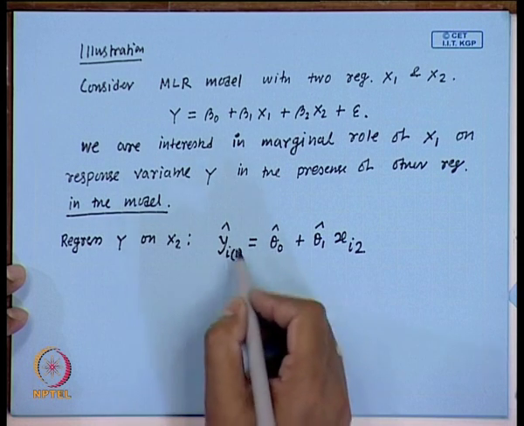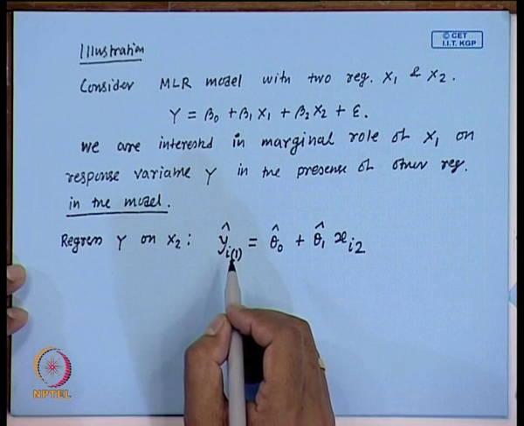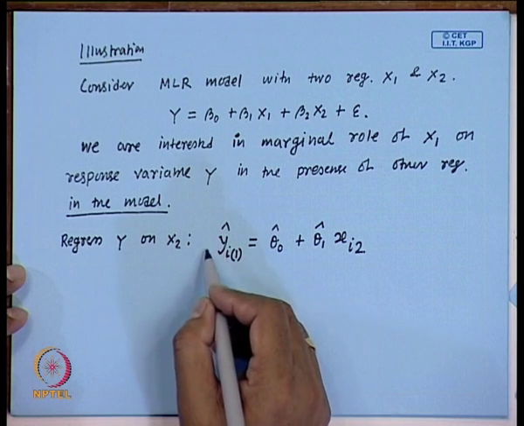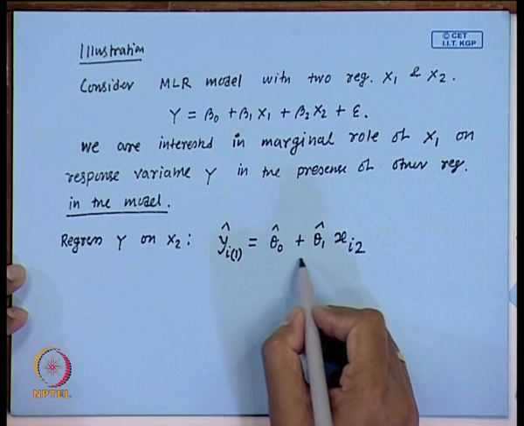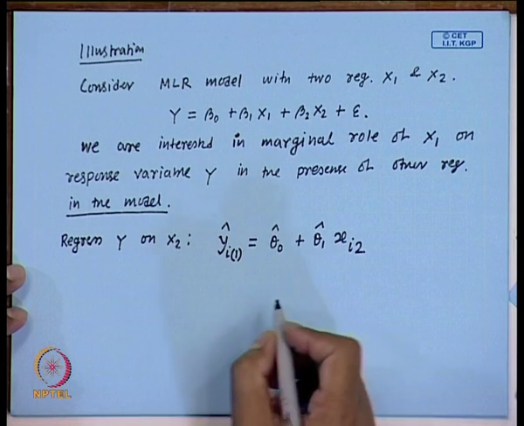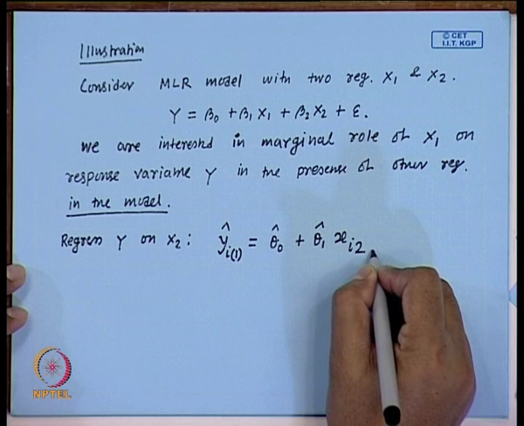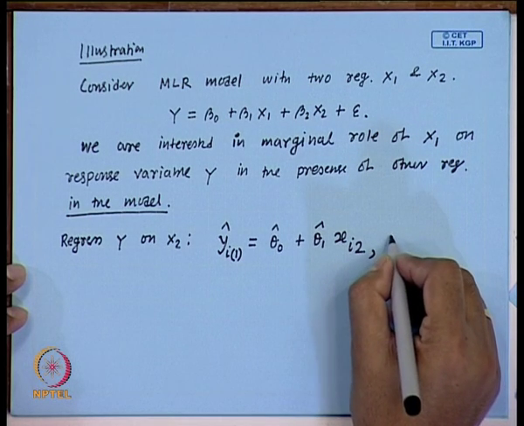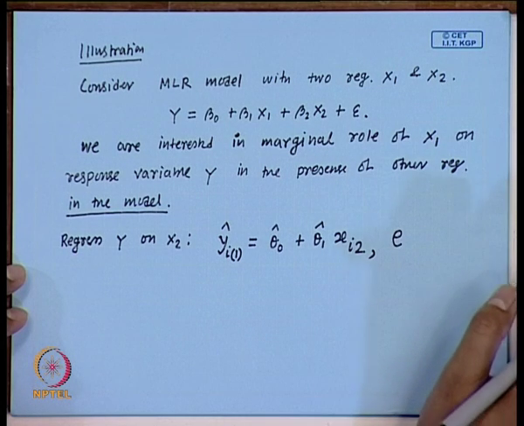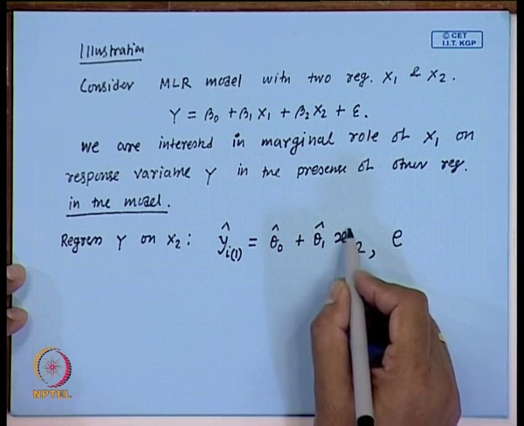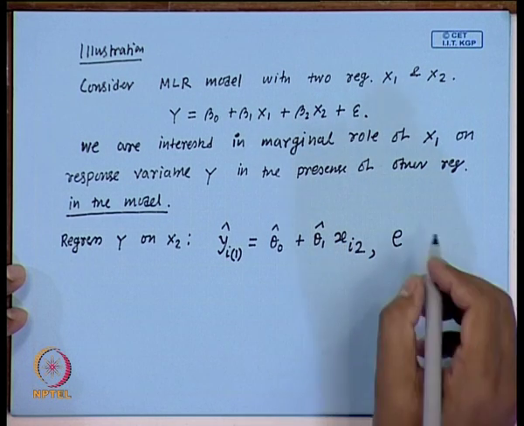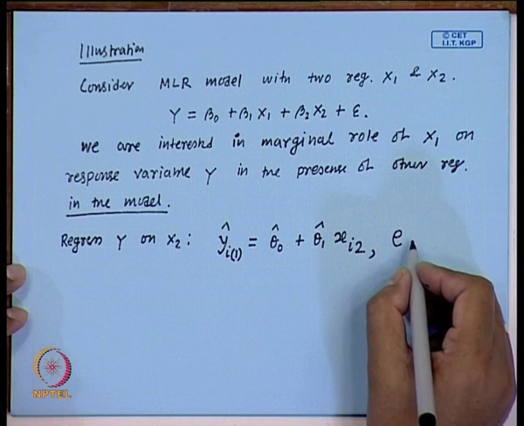And once we have this fitted model, we can compute the part of variability in y which has not been explained by the second regressor. So, that is the residual.